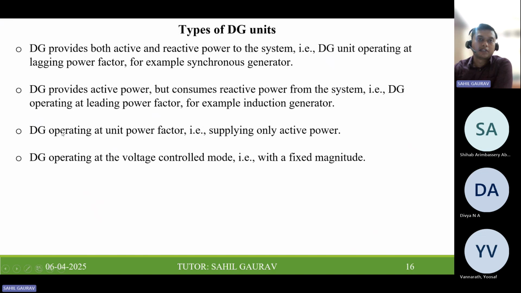Then there is DG operating under voltage control mode, that is with a fixed magnitude. So these are applications based on the active and reactive power supplied to the system, or based on unity power factor correction, or the voltage control mode. So there can be different types of DG units based on the application.